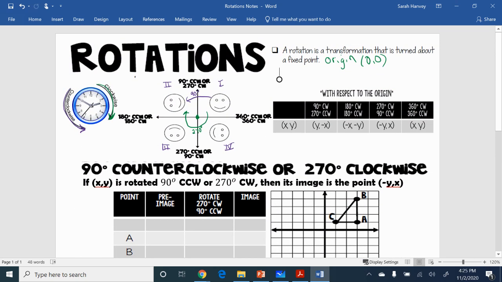So they mean the same thing. And right here are all of our rules. It's a nice little tool to help you with all of your rules.